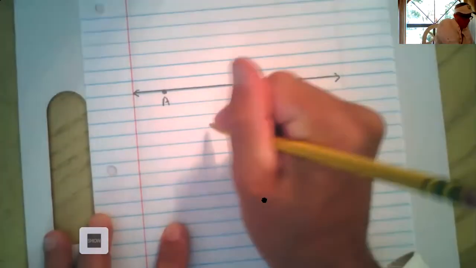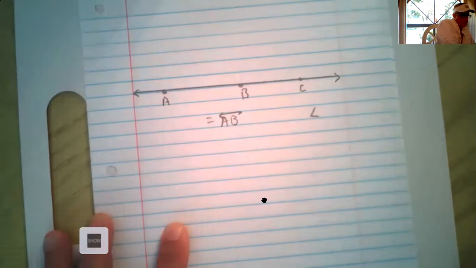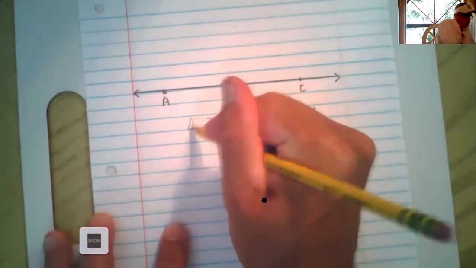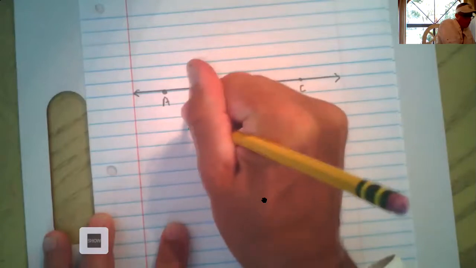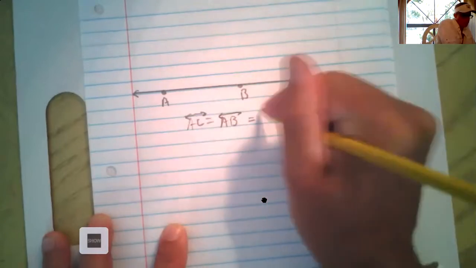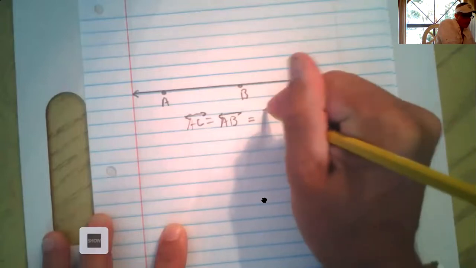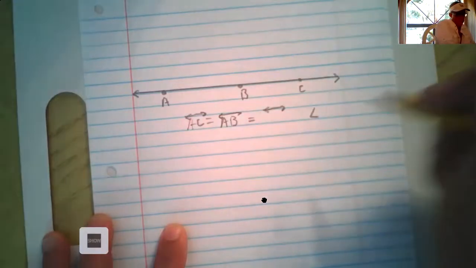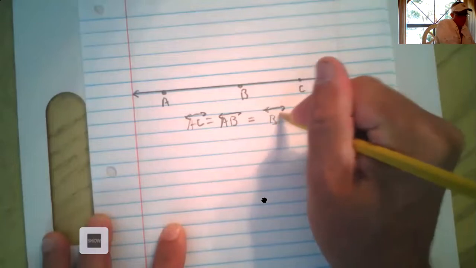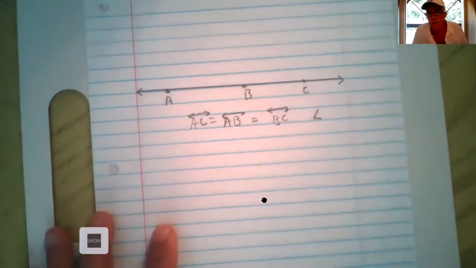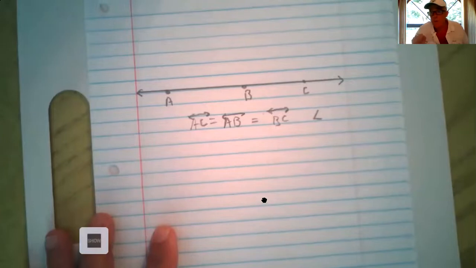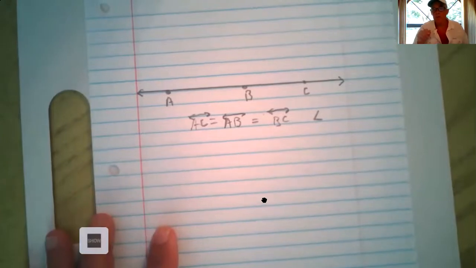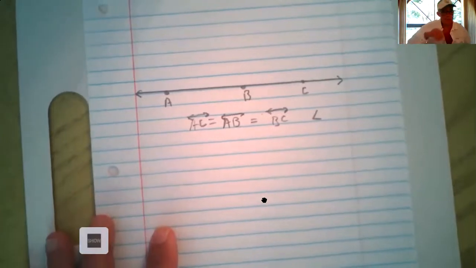So I'm just going to say line AB could equal AC, and it could also equal line BC. Why? Because they are all points on the same straight line. Okay. So I wanted to start off with that.